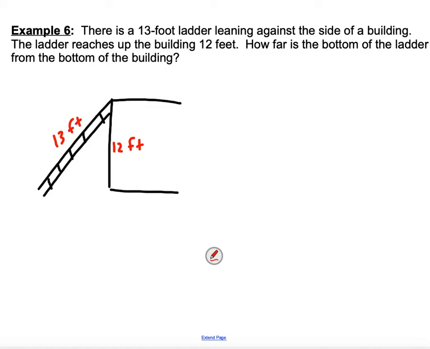How far is the bottom of the ladder to the bottom of the building? So there we have our nice right triangle. So remember, straight across from a 90-degree angle, there's your hypotenuse, so that's C. So I'm using my Pythagorean theorem again. I've got my A and my B and my C, so let's set it up.